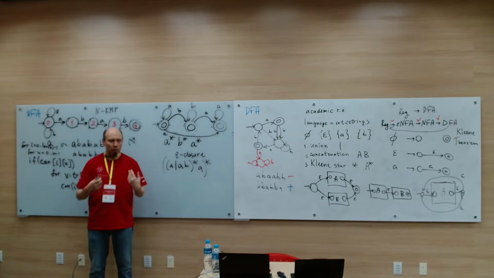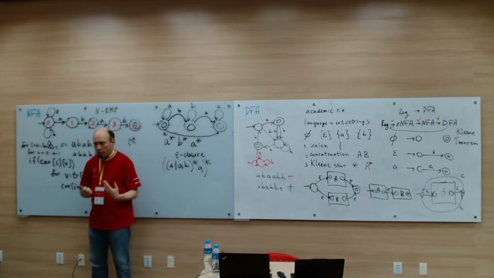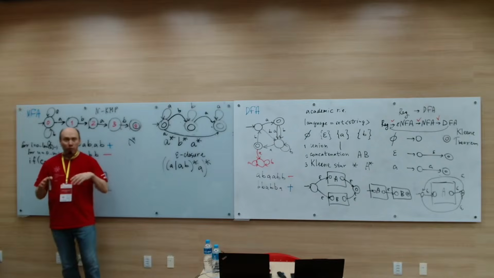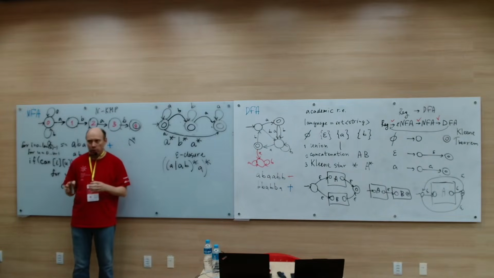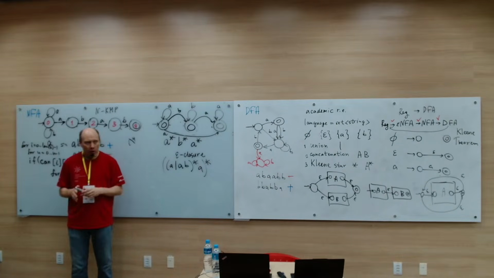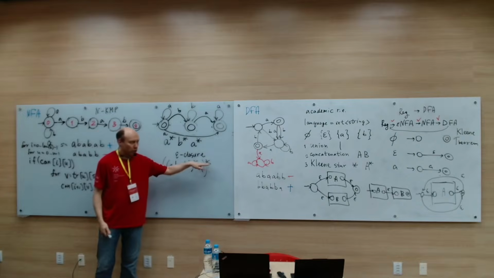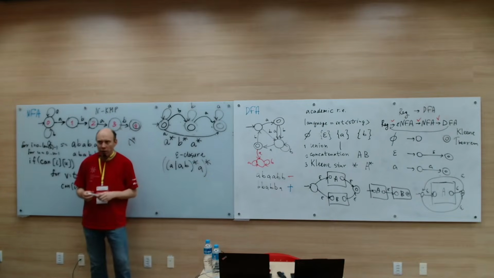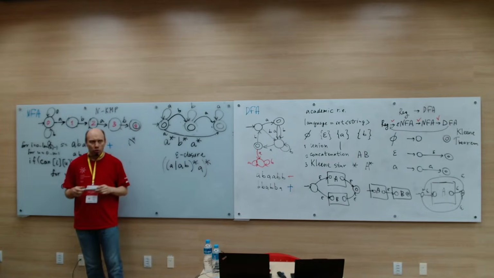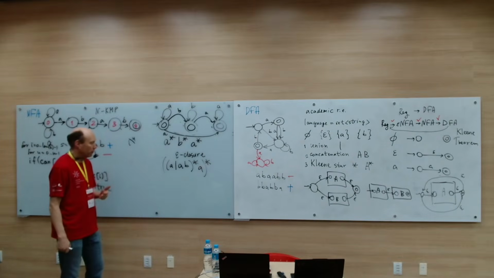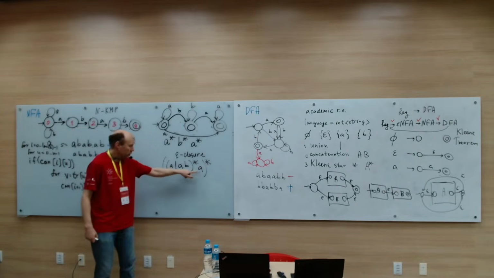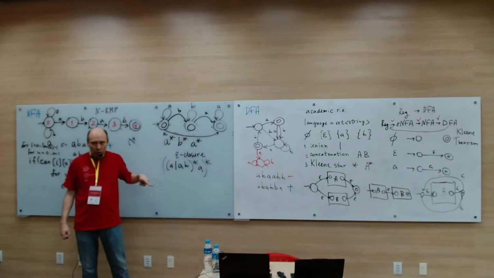But it would actually be difficult to avoid counting the same thing multiple times, because especially when stars are involved, it's quite difficult to make unique matches. So very often the same string matches the regular expression in multiple ways. For example, here this A can be included into this A and so on.